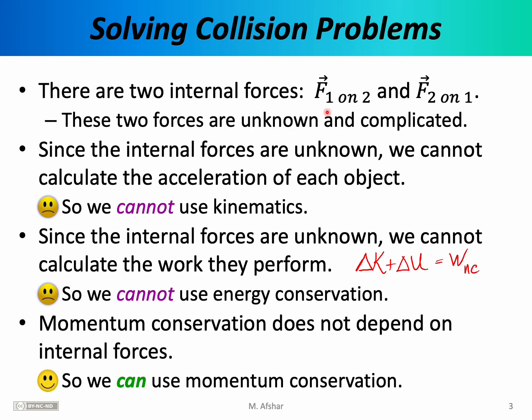So if we view both cars as one system or the asteroid and planet Earth as one system, then these complicated forces become internal. And it turns out that internal forces do not impact momentum conservation. Therefore, we can use the momentum conservation equation as a useful tool to analyze the outcome of a collision.